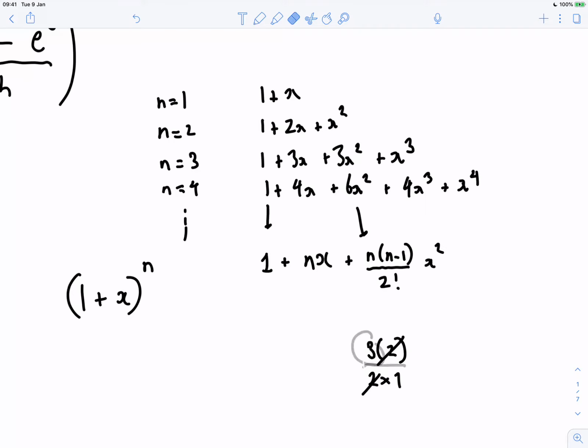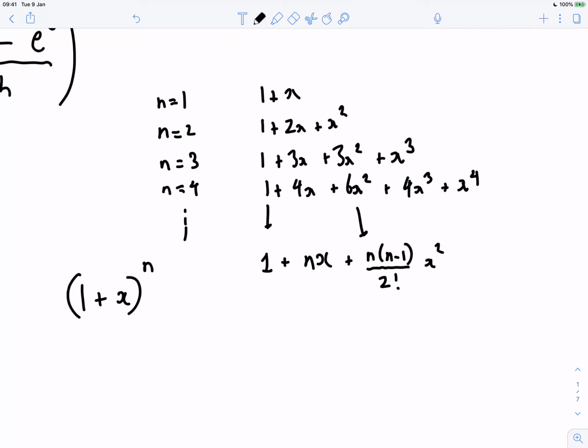When n was 4, well, I'm going to have 4 times by 4 minus 1, which is 3, over 2 factorial again. 2 factorial is 2, so that 2 and the 4 can cancel. 2 times the 3 is the 6, that will work. And you can try this yourself with other ones. And the reason why this works is because there's combinatorics, there's counting methods going on here.